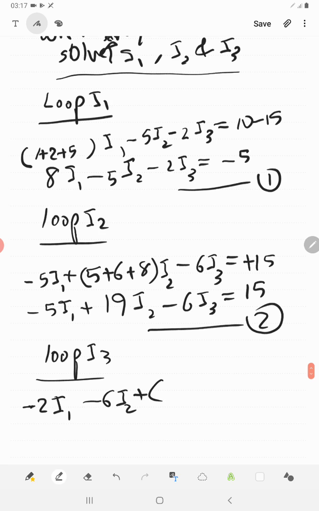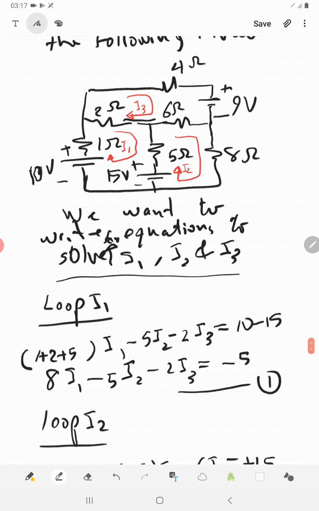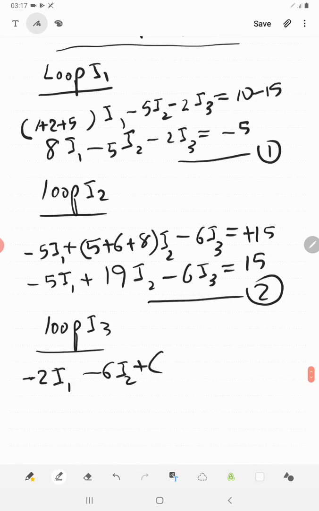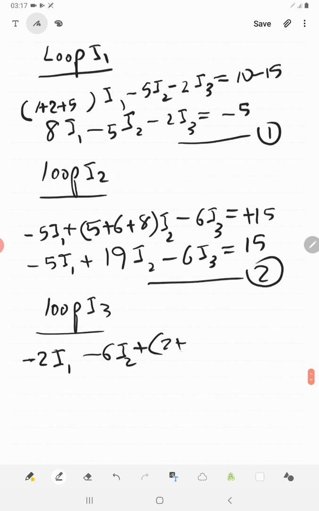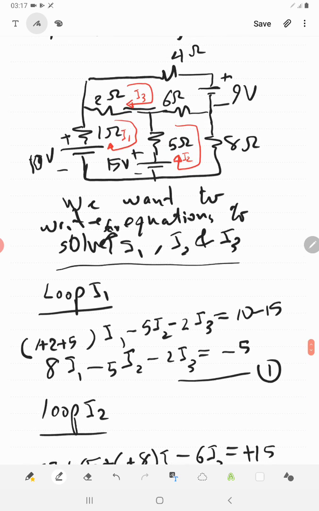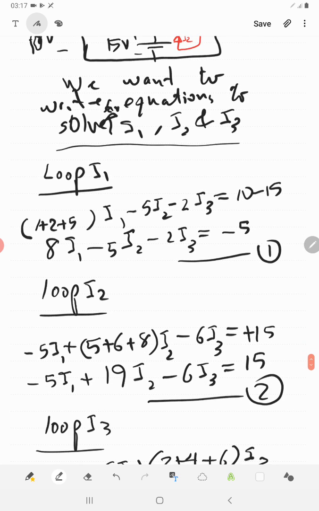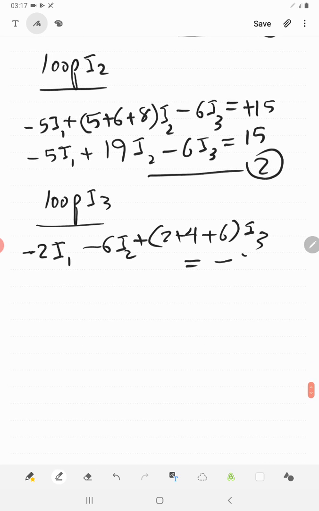Plus, because we are talking about loop I3, all the resistors 2, 4, and 6, so 2 plus 4 plus 6 times I3 is equal to the only source, the 9 volts source, in the opposite direction, so minus 9.